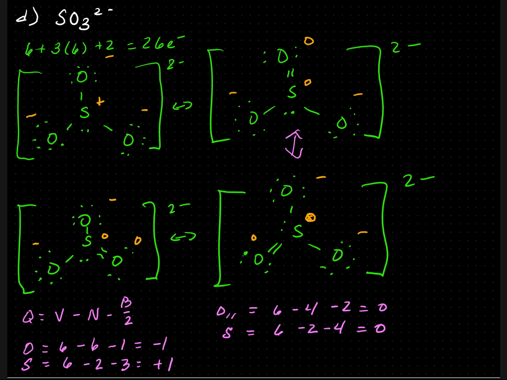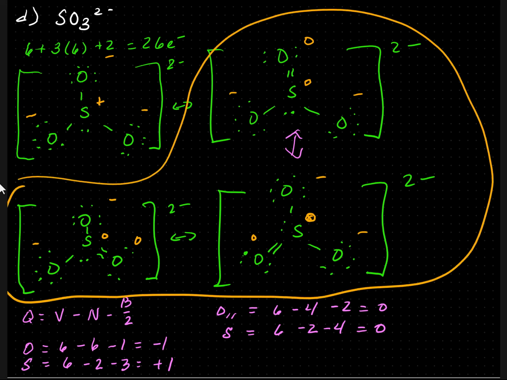So here the most stable structures will be these three right here. Two of the elements have a formal charge of 0, and the most electronegative oxygens have formal charges of -1, versus the first picture in which all of them have a formal charge other than 0.